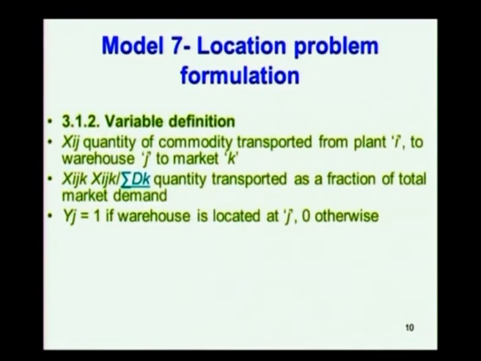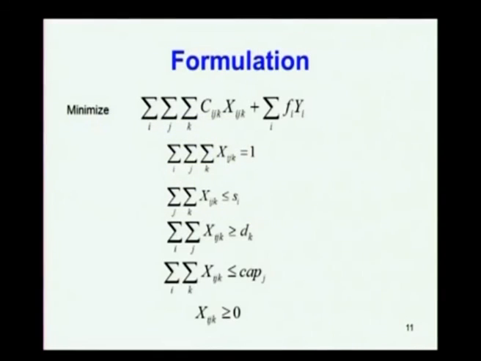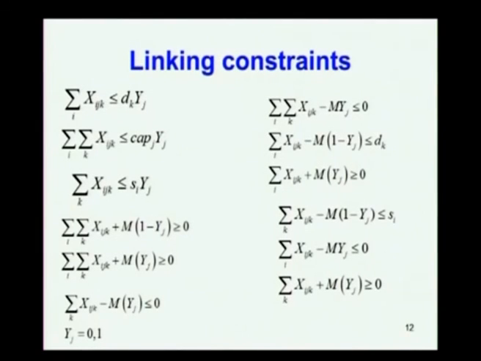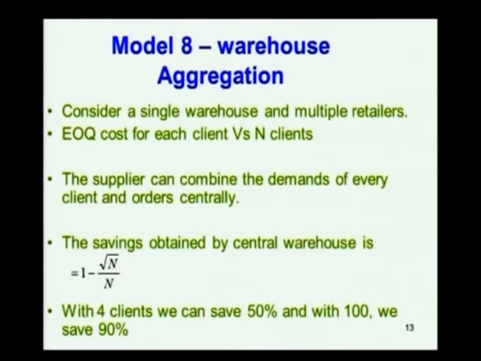So you get a much more generic formulation, which is shown here with Cijk Xijk, where k represents a product or a market, i to j would simply mean from the plant to the customer. So here we are not looking at multiple layers in the supply chain, we are talking about a set of factories and a set of customers and multiple products or multiple markets. There is a location, there is an allocation, and there are some linking constraints for each one of them.